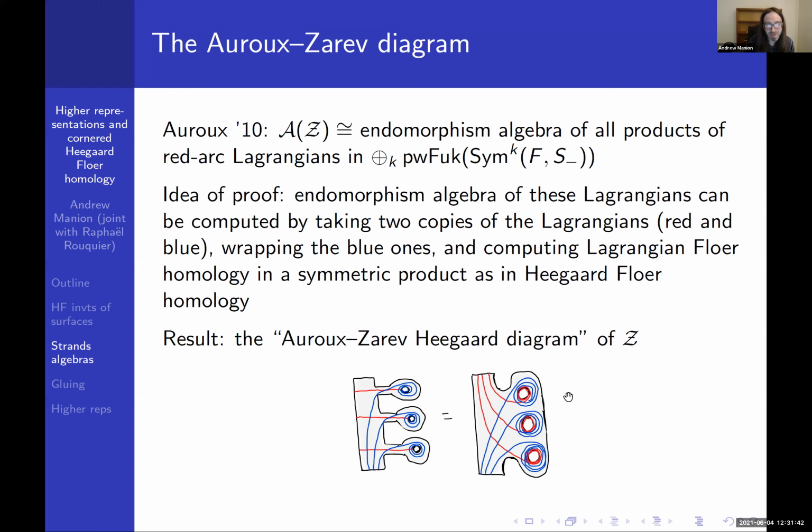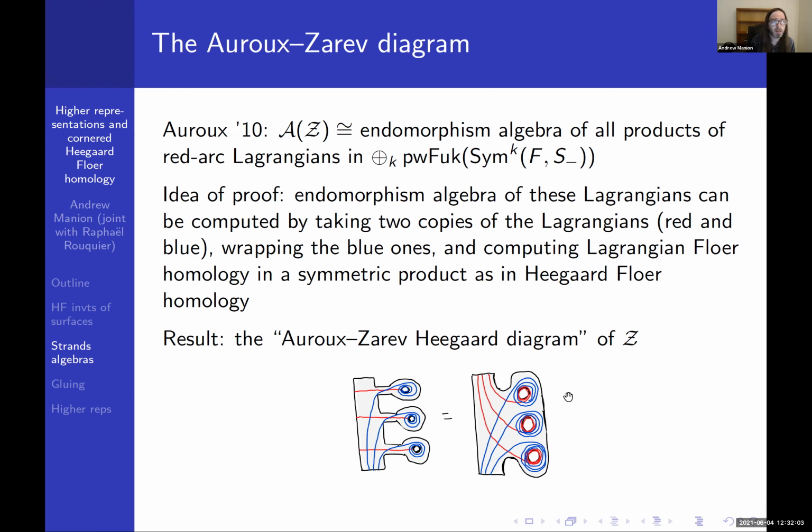So you have this type of diagram, and a priori, if I take a Heegaard Floer-like chain complex associated to such a thing, then that should give me, as a chain complex, some sort of endomorphism algebra between these Lagrangians in the Fukaya category.